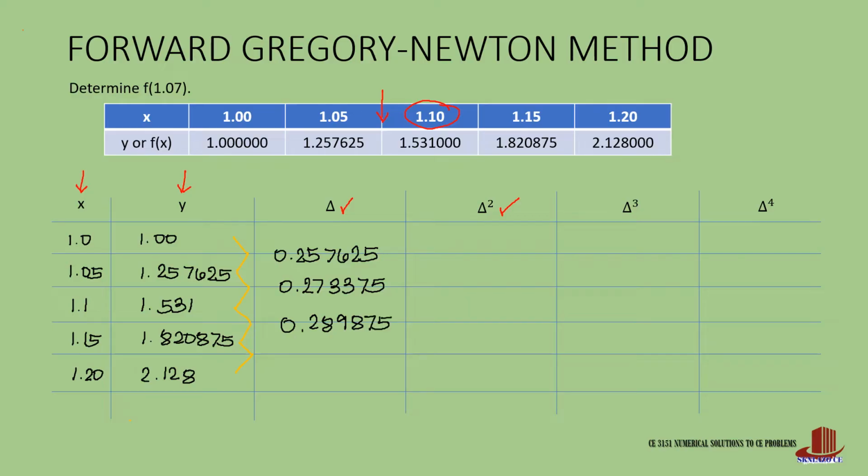And lastly, 2.128 minus 1.820875 would give us 0.307125. Do the same for the next difference column, and we would have this until we reach 0.